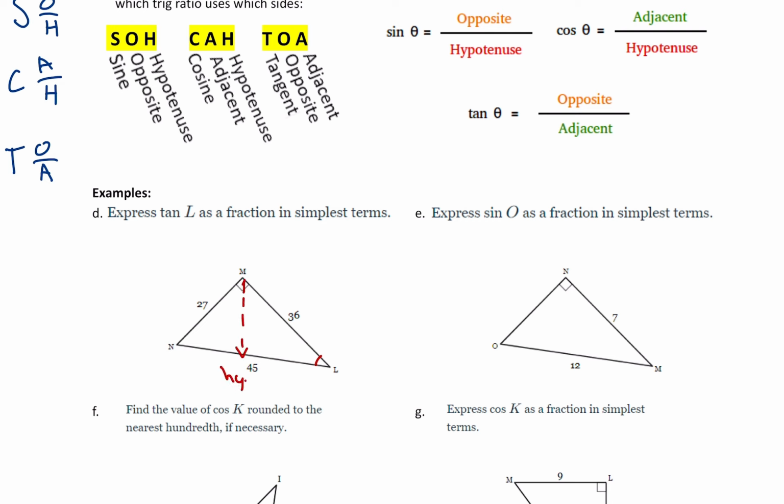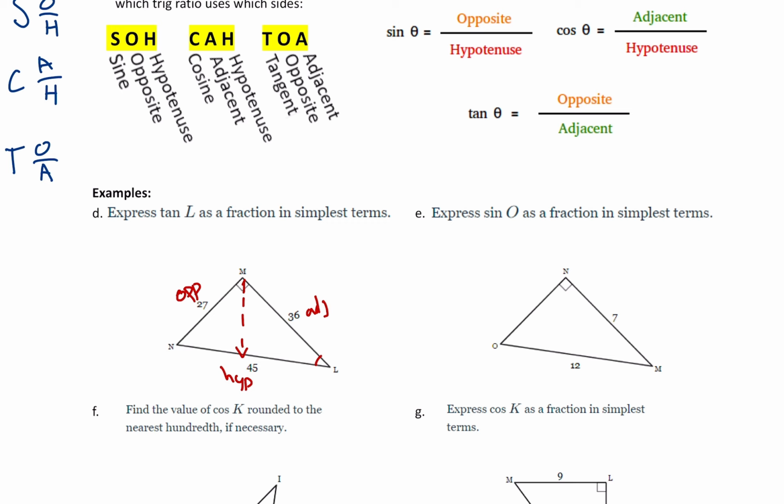That means this is my hypotenuse. The adjacent is the second easiest one because it's always touching my angle, which means 36 is the adjacent. That leaves my last side, 27, to be my opposite.